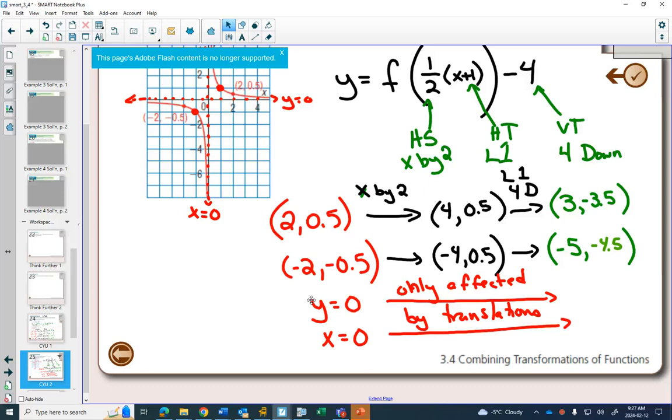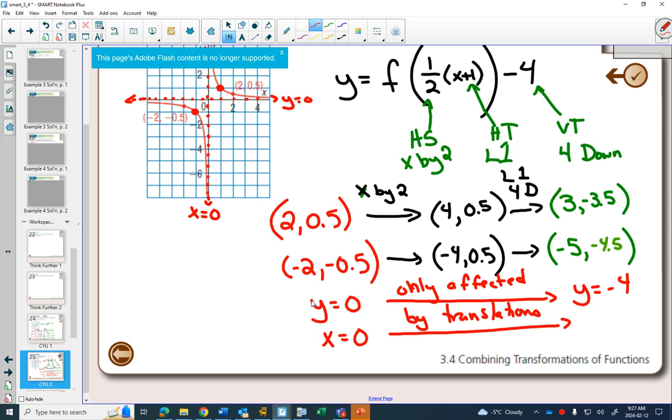And so we have to think about the y equals 0, the horizontal one. If you have a horizontal line that goes on forever, and you move it left and right, can you see that it would still be exactly at the same place if it went forever on that horizontal line? The only thing that's going to affect y equals 0 is if you move it up or down. And so since we moved down, that one's going to change to y equals -4.